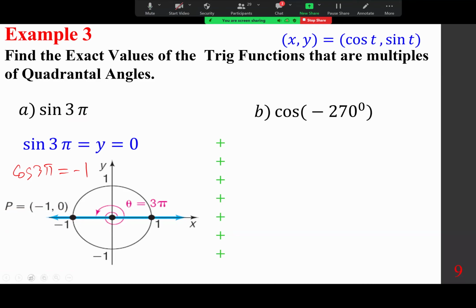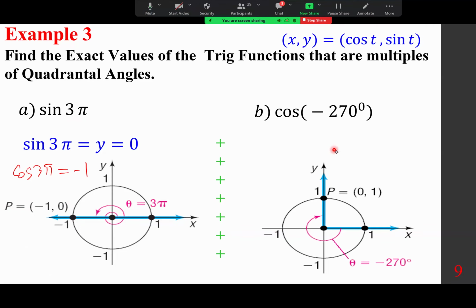Now, cosine of -270 degrees. So now you go 270 degrees or 3 pi over 2 in a negative direction. When you go in a negative direction, it's the same as going in a positive direction, pi over 2. That puts you here with coordinates 0, 1. Cosine is representing the x coordinate, therefore 0.